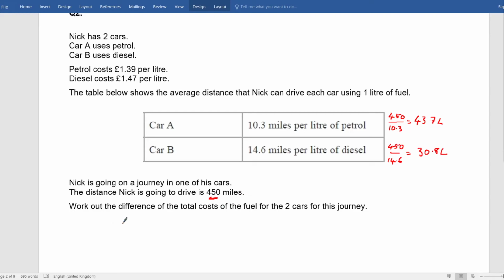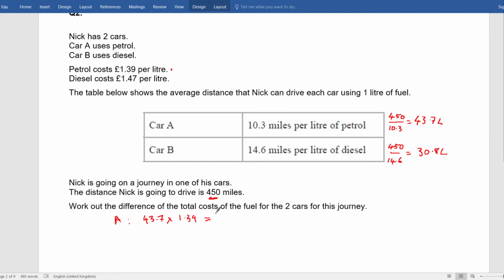So let's use this one, for instance, car A. Total cost, well, that's going to be 43.7 multiplied by, now the cost per litre of petrol is going to be this one, which is £1.39 per litre.